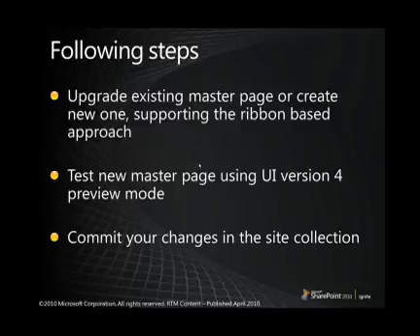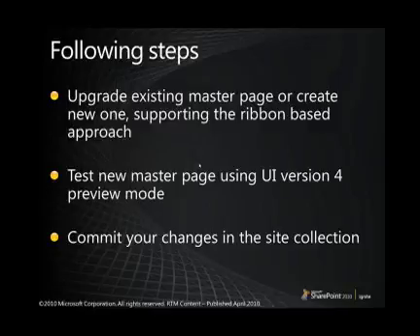But whenever the new master page is actually available, we can use the UI version 4 preview mode to make sure that it's actually working properly, and we can test the ribbon functionalities and all of these advanced functionalities which will become available when the ribbon is actually rendered within the UI. And when we have tested and verified that the master page is working properly, we can commit the changes at the site collection level or at the site level.